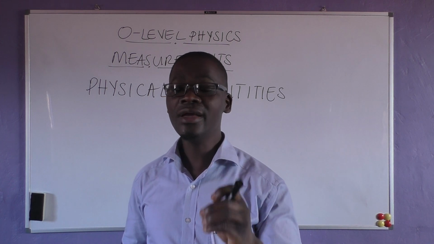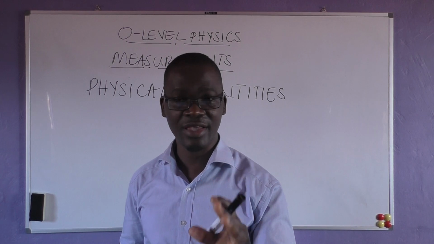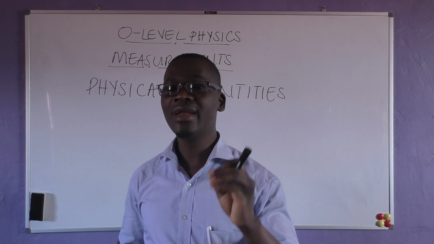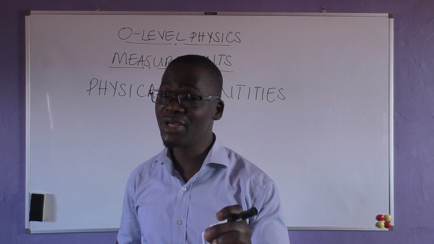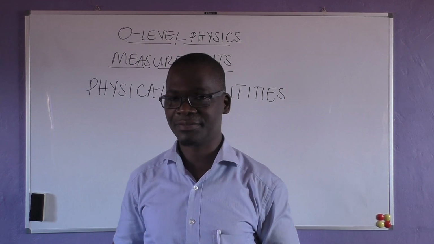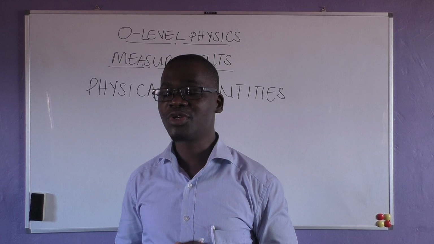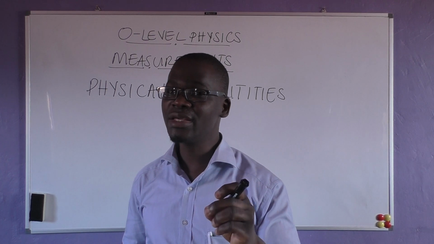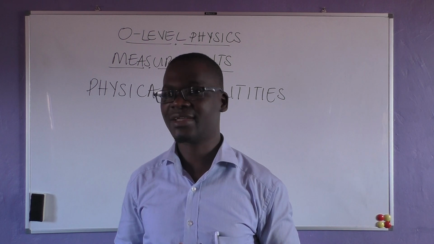And length is measured using various instruments. Among the instruments that we use to measure length, we have the tape measure that measures longer distances. We have the meter rule, which measures distances between 0 centimeters and 100 centimeters.